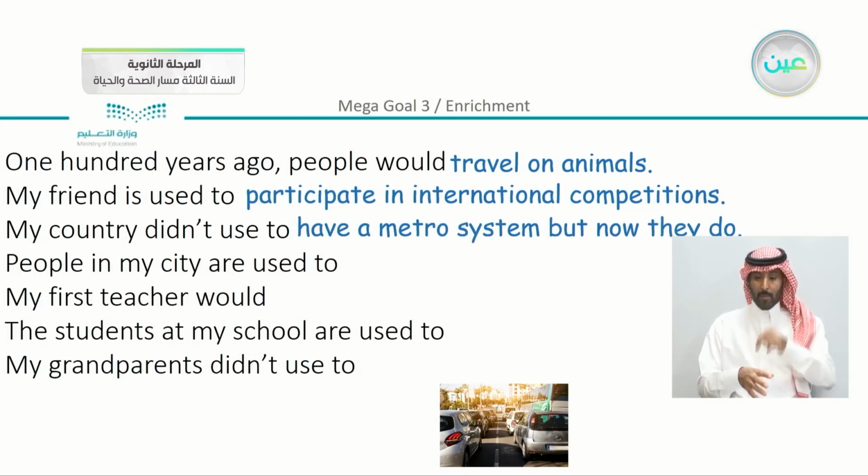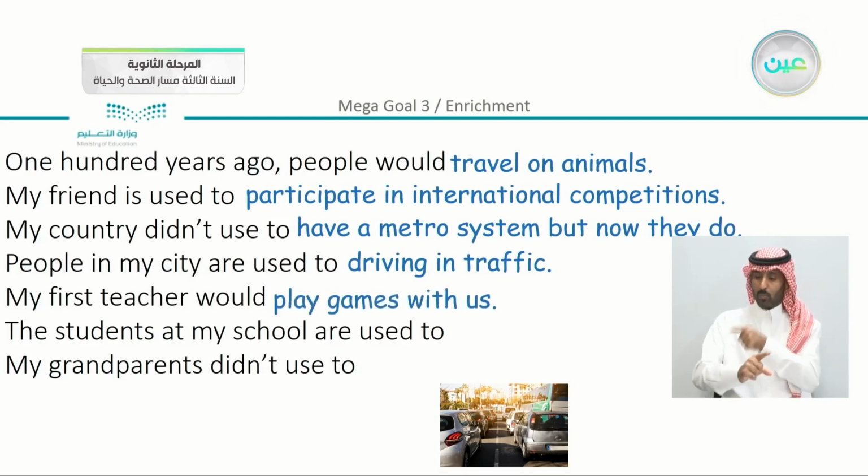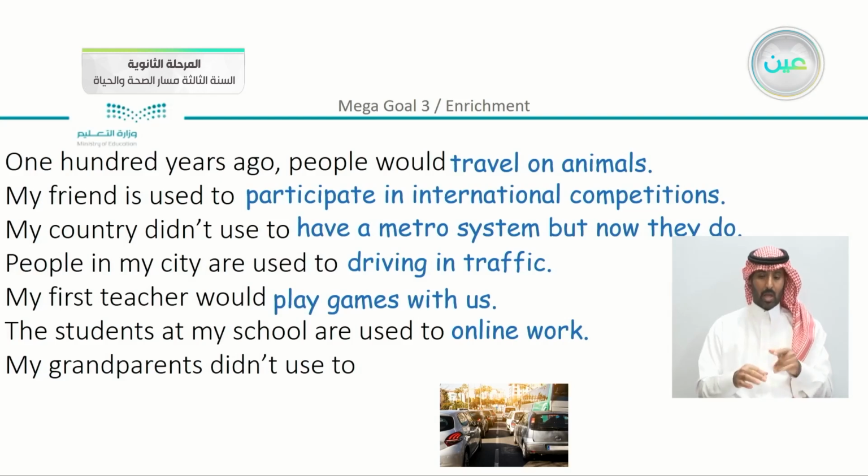People in my city are used to driving in traffic. My first teacher would play games with us. The students at my school are used to online work. My grandparents didn't used to use smartphones.